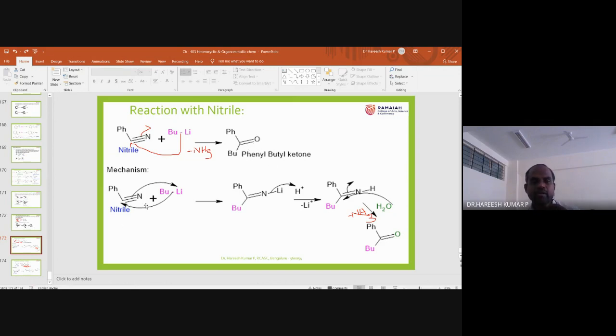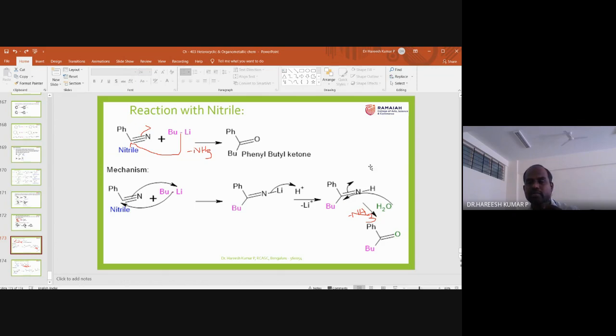Then if we look into the mechanism, this anion part is attacking here. This bond pair picks up a lithium. That is how an intermediate is obtained. On hydrolysis, this bond pair picks up a proton forming an imine. To this imine, the water or hydronium ion can attack this carbon.